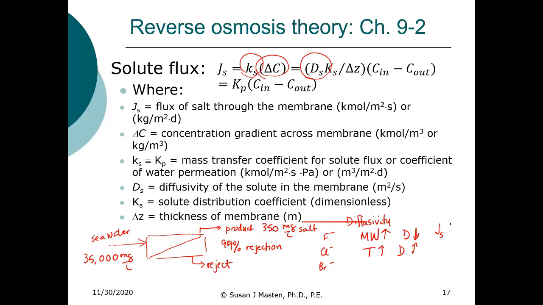So how does the flux change? Would it decrease? It'll decrease because it's proportional. So your flux is proportional to the diffusivity. On the other hand, if the temperature increases, so if we just look at chloride, as the temperature increases, diffusivity increases.